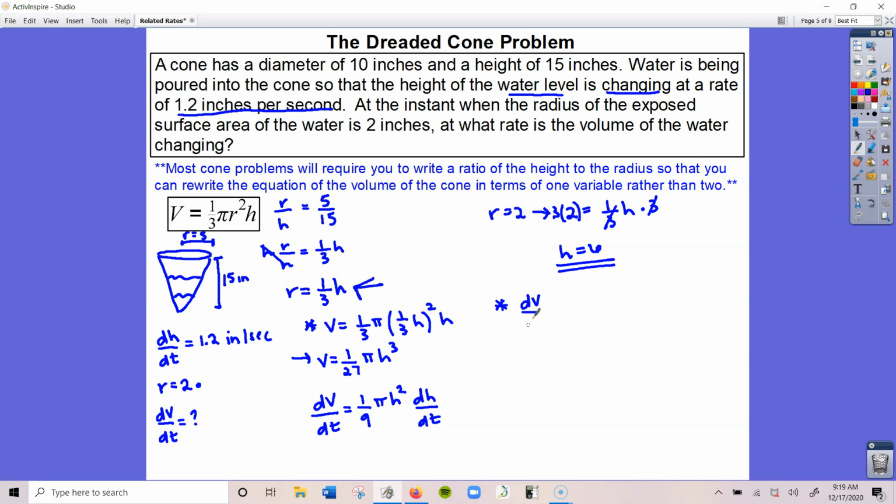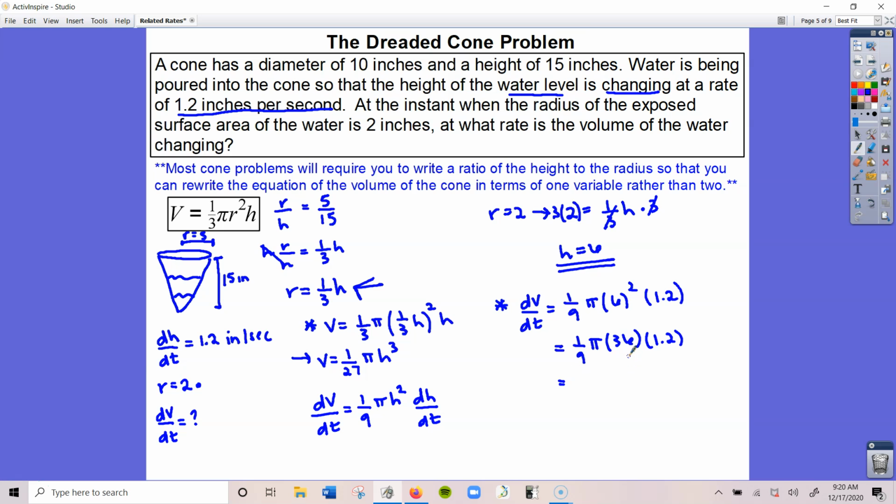So dV/dt is equal to 1/9 pi times 6 squared times 1.2, which is the dH/dt. If I multiply everything together, this is 1/9 pi times 36 times 1.2. I'm just going to save some time.